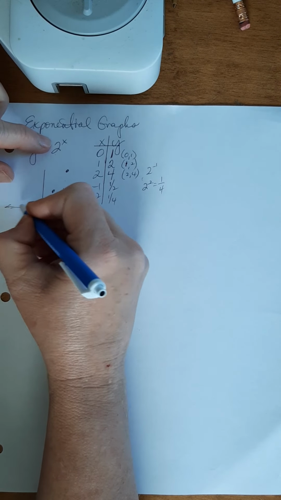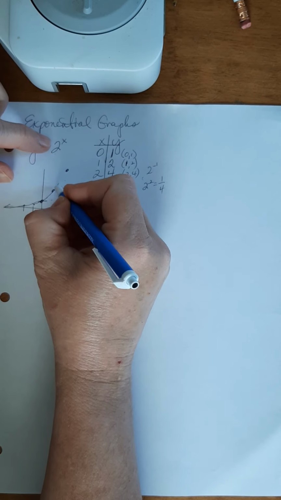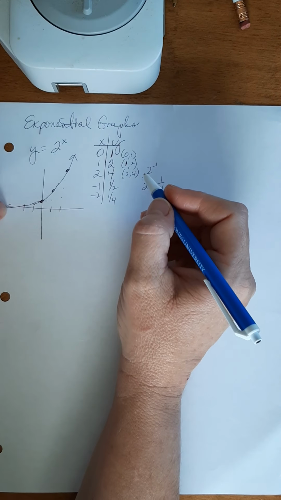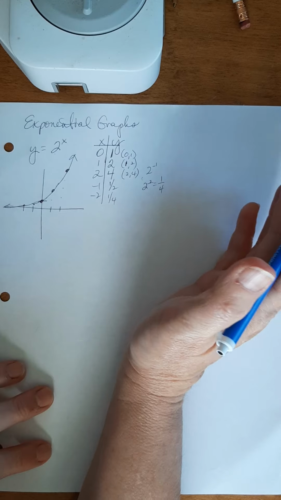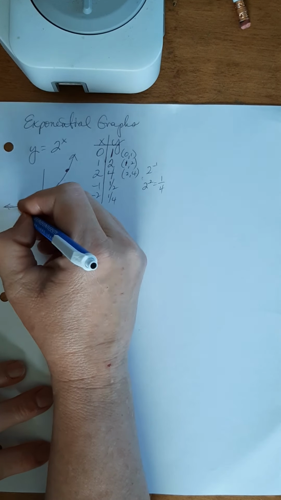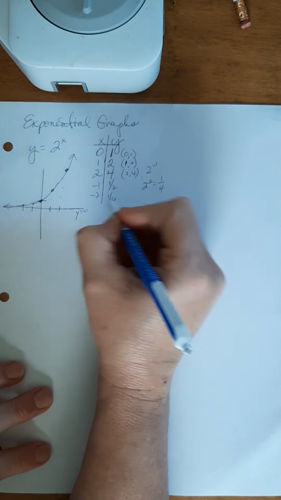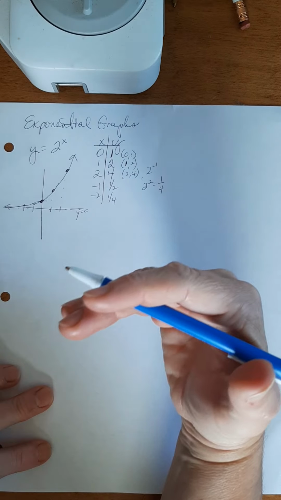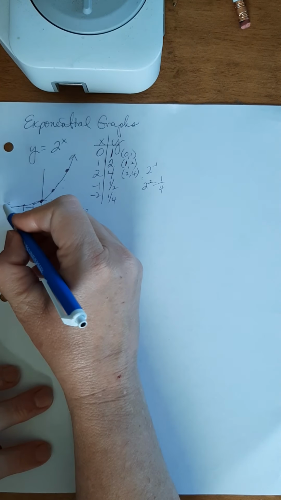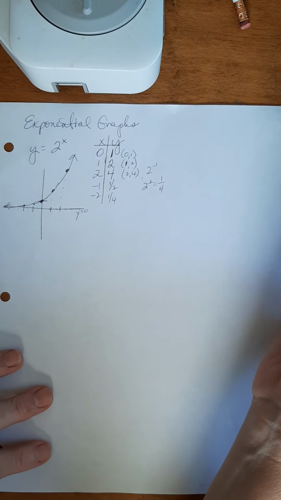Notice how it's going to approach 0, approach the x-axis, but never cross it. That means y equals 0 is your asymptote. Your graph approaches it, but never crosses it. So it's just going to swoop that way.